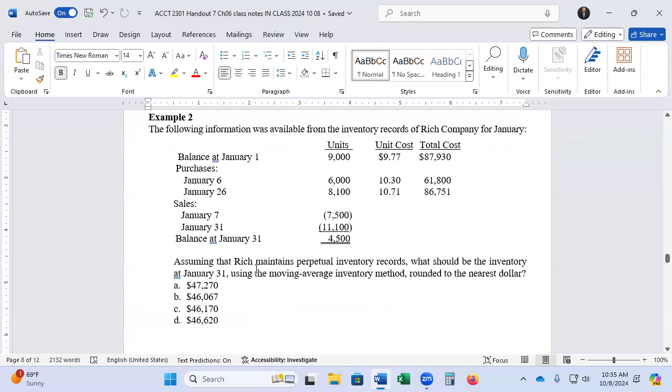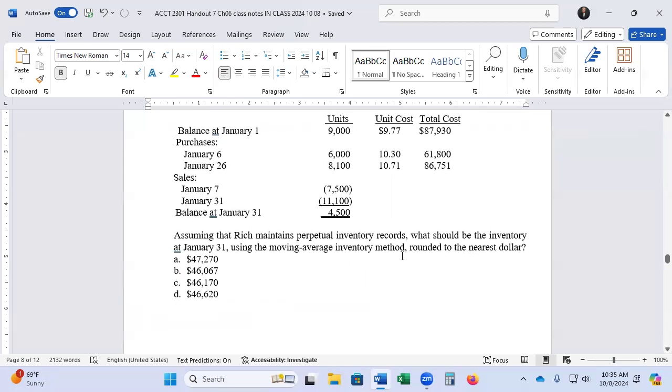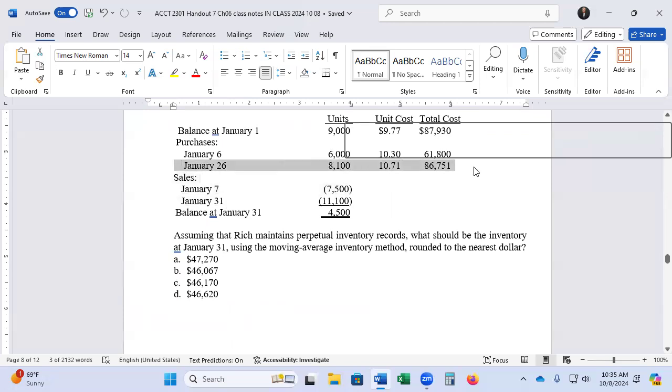What should be the inventory at January 31st using the moving average inventory method rounded to the nearest dollar? So this means that we have to look and say, okay, what happened? So this sale on January 7th is going to be separate from January 26th. If it was periodic, we would just add everything up and divide by that total. However, we can't do that.